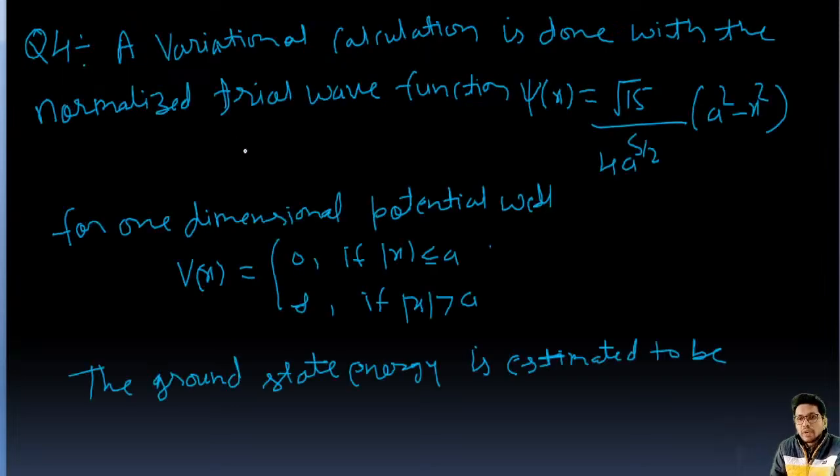The question is a variational calculation done with a normalized trial function which is given, √15 upon a^(5/2) into (a² − x²), for a one dimensional potential. So the one dimensional potential is given. Now you need to find the ground state energy, and the trial wave function is given which is normalized.